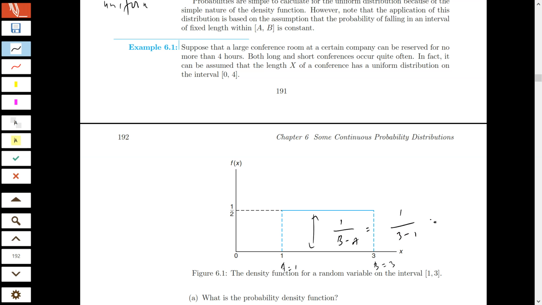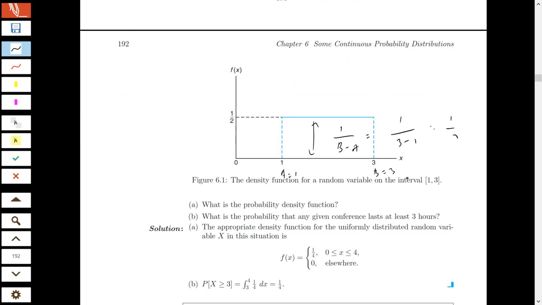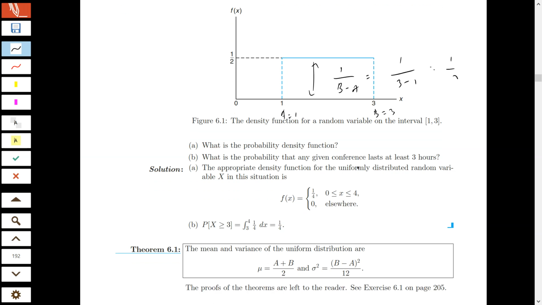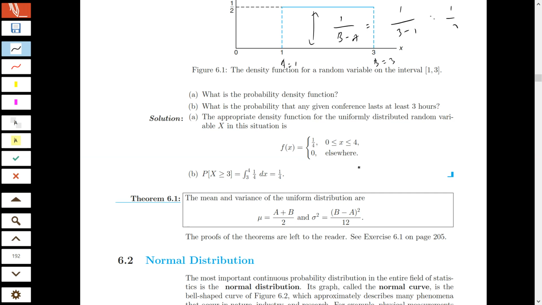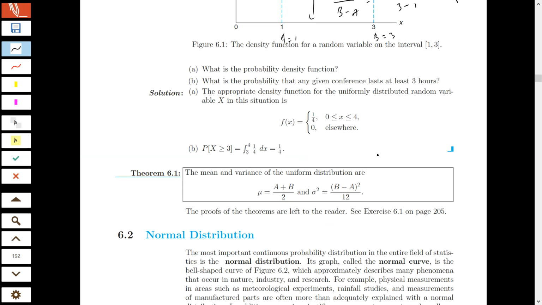So 1 over 3 minus 1 is 1/2. There is no other way, right? Here is another example. You choose A to be 0, B to be 4, and then it's 1 over 4. And you can compute other probabilities.